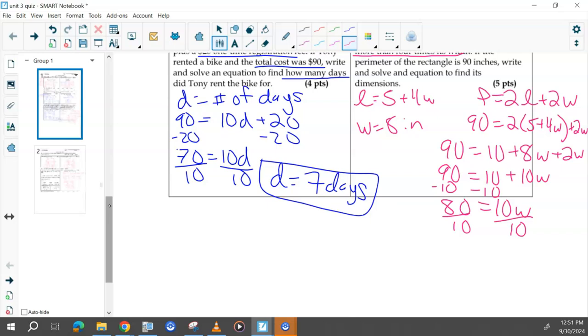Then you should have gone back and found L. Some of us did not do that. So this would be 5 plus 32, or L was 37 inches. So those points were: did you get your length equation, your perimeter equation with L and your perimeter? Did you solve it correctly and get both W and L?